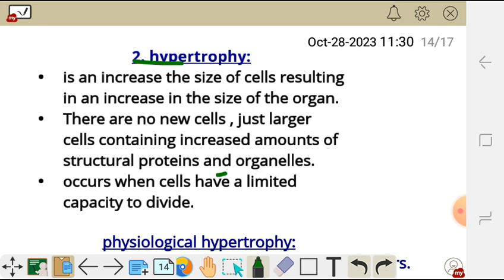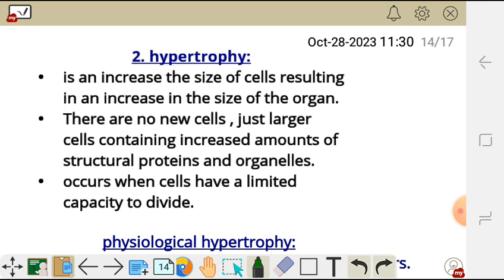So the organelles are going to increase in size, and the structural proteins are also going to increase. Hypertrophy occurs when cells have a limited capacity to divide. Most organs with limited capacity of cells to divide are where hypertrophy mostly takes place.